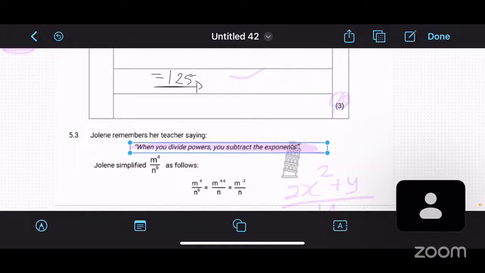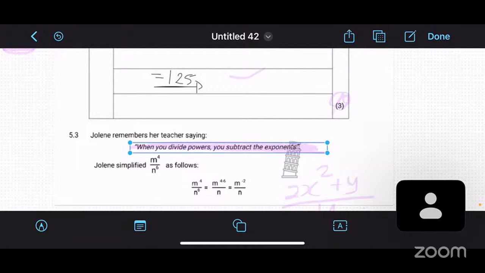No, ma'am. And why do you think so? Why do you think it's wrong? Because if they're not the same base, then you can't minus the exponents. Perfect.